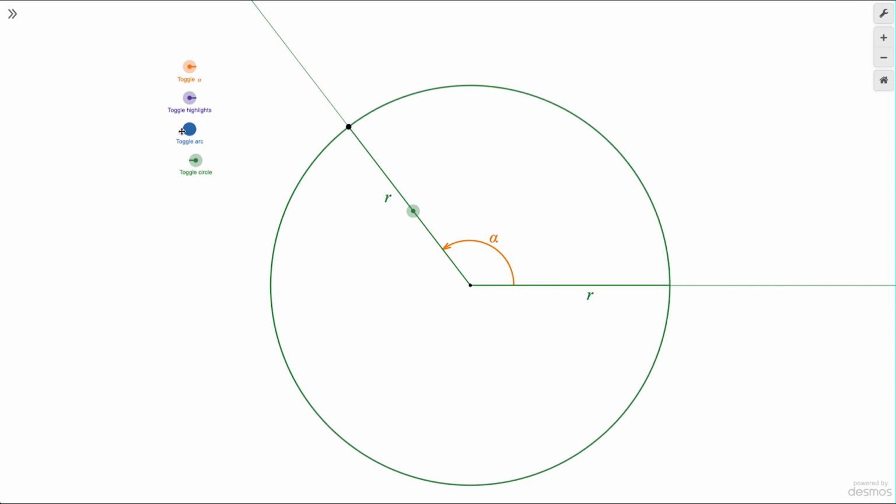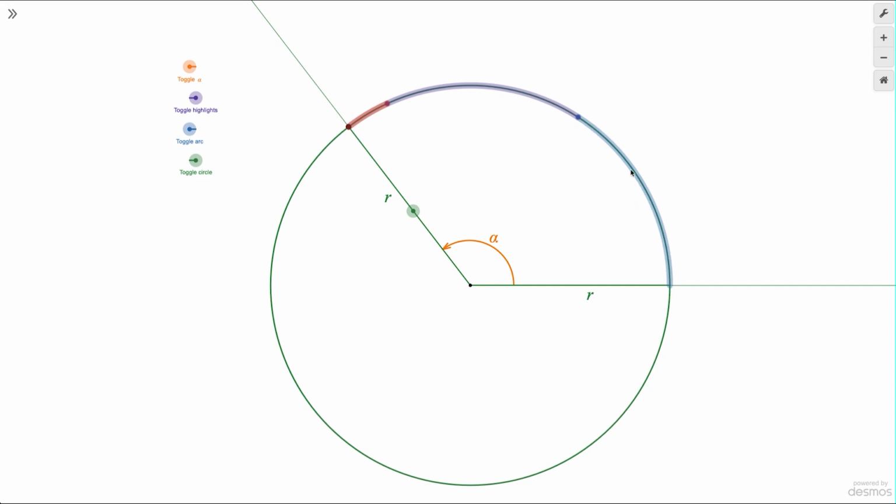So the idea is, how many radius lengths are there that go around this arc? The radius length is given as a straight length, but if I lay it flat and imagine how many radius lengths, I'm going to guess maybe it's about 2. I built this so that you can see individual radius lengths.